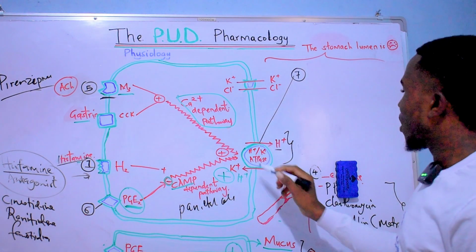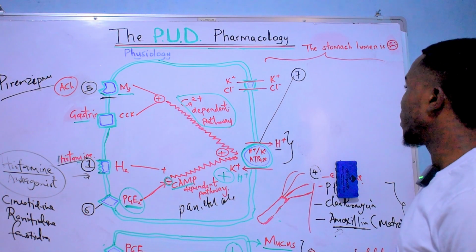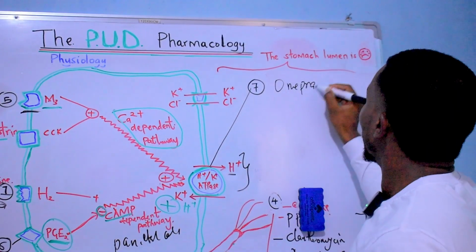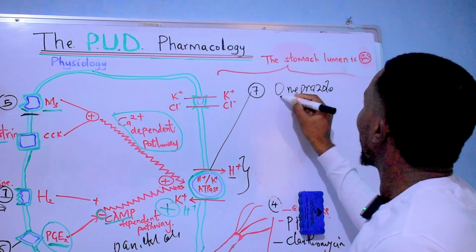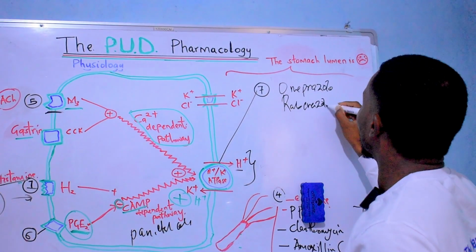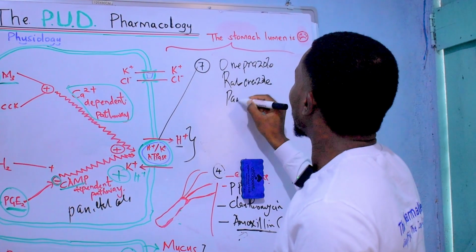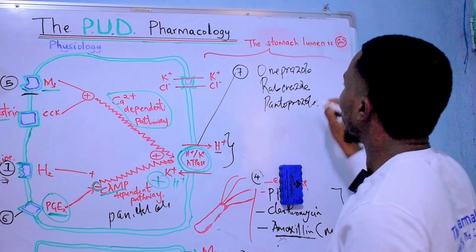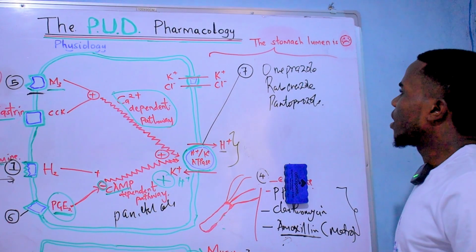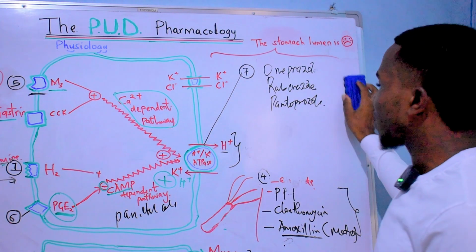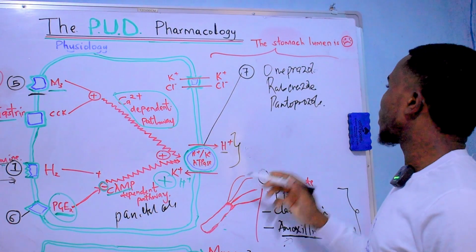Now, drugs that are examples of this include omeprazole, rabeprazole, pantoprazole, among others.